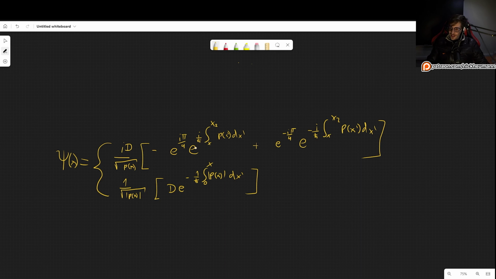Well, notice that this is e to the I something plus e to the, or with a negative, so e to the minus I something minus e to the positive I something. And it is the same thing. So if we factor out a minus sign, we get this thing positive, this thing negative. And this is looking very much like a sine. So the sine of, I don't know, theta is e to the I theta minus e to the minus I theta over 2i.